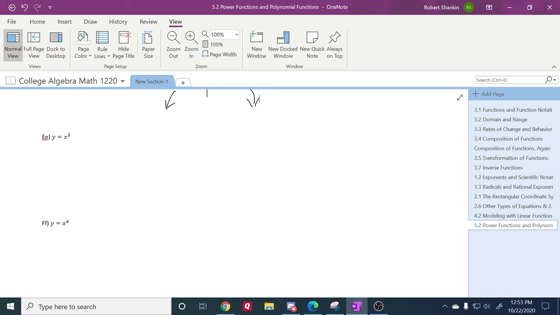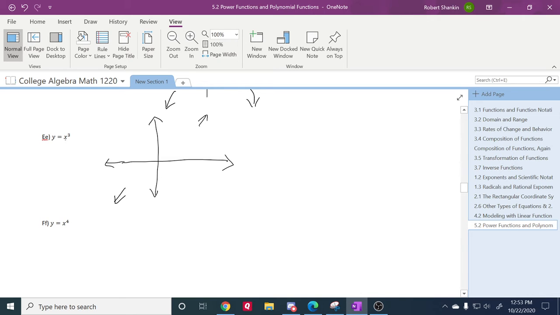And group 6, what's the end behavior on E? We haven't quite all come to a consensus yet, but I kind of think that at the left it's down and at the right up, for negative infinity and positive infinity. At the right up seems pretty obvious to me, because if the input was 100, 100 cubed would be really big.